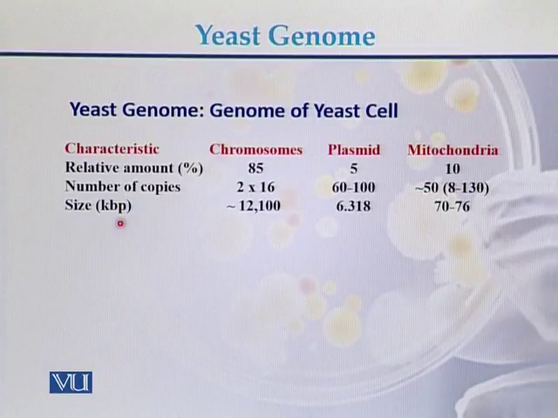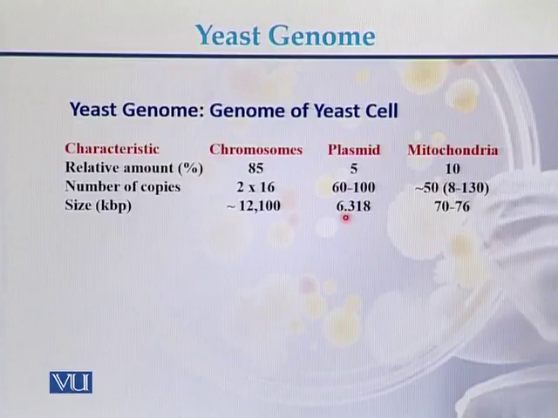If we compare the size of the genome between chromosomes, plasmid, and mitochondria, in case of chromosomes, the size of the entire genome is approximately 12,100 kilobase pair, or in other words, 12.1 MB of DNA.